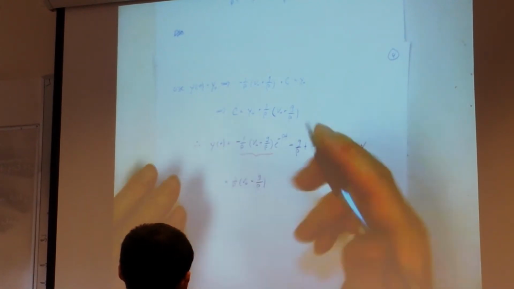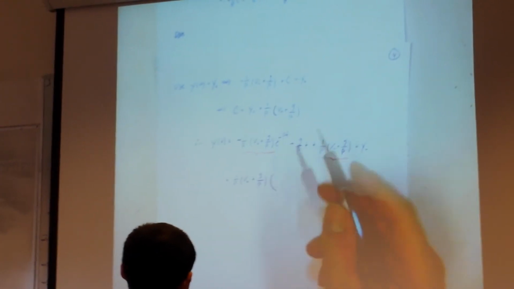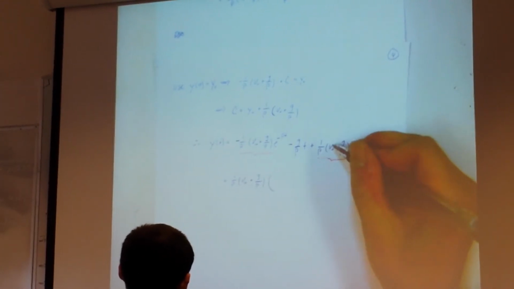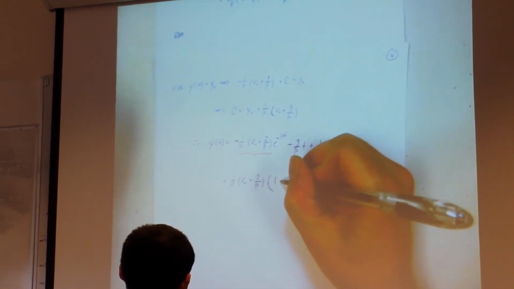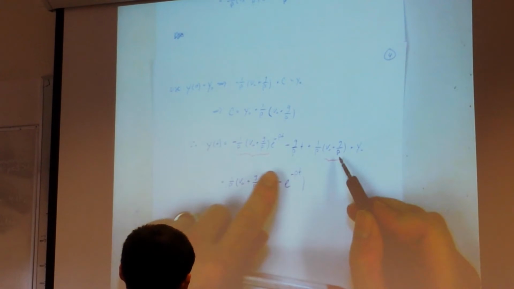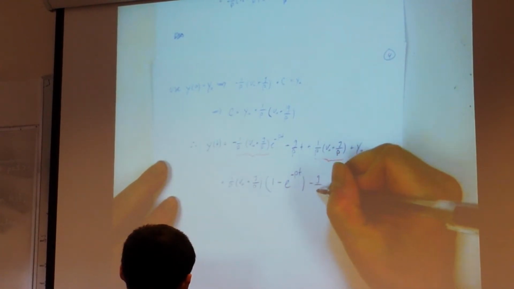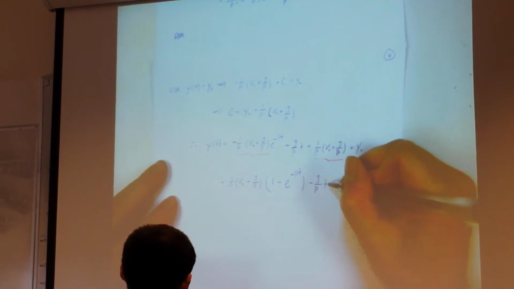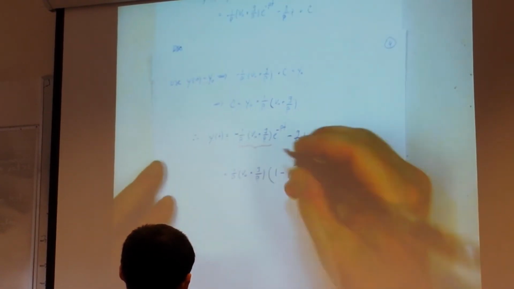I pull that out of this term, I got 1 left. I'm going to have 1 minus e to the negative rho t. Okay, we left these ones alone, so that's minus g over rho t plus y naught.